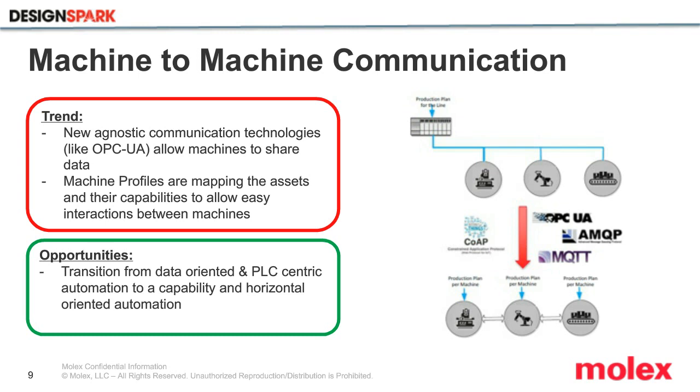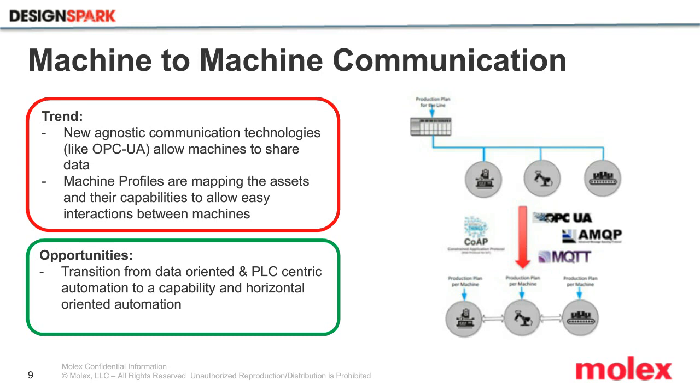When I say agnostic, it means independent from the classic PLC manufacturers and non-proprietary. And nowadays, the implementation of these communication standards in smart devices or complex equipment like PLCs, robots, controllers, drive motion systems is increasing.